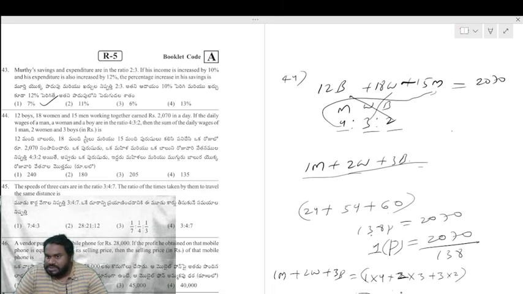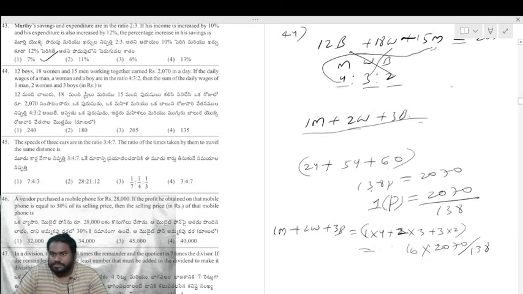So 4 plus 6 is 10, plus 6 is 16. 16 parts, but one part is 2070 by 138. So 16 times that.